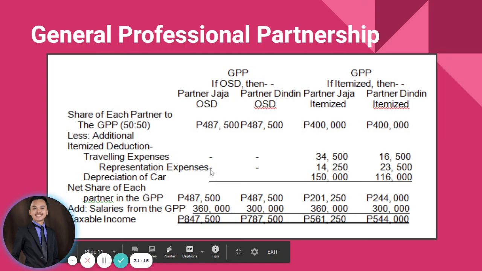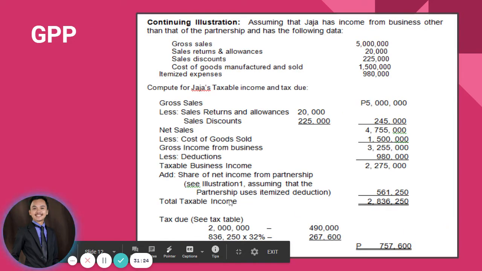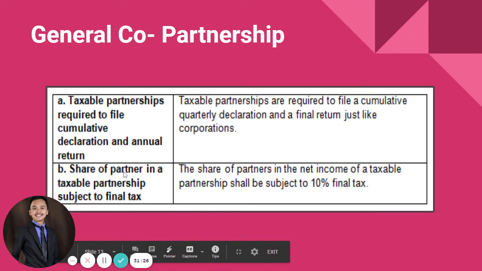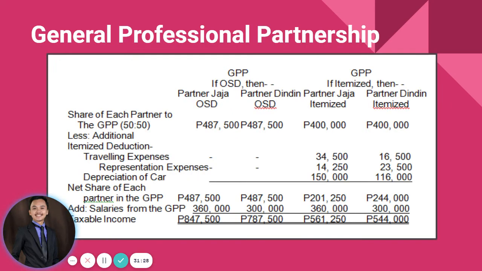So therefore these are a combination of income which can be taxed only using the graduated income tax rates. Okay. So you can now compute, guys, the tax due of Jaja and Dindin under OSD and under itemized deduction. Okay? You just simply refer to the tax table in computing for their respective tax due.